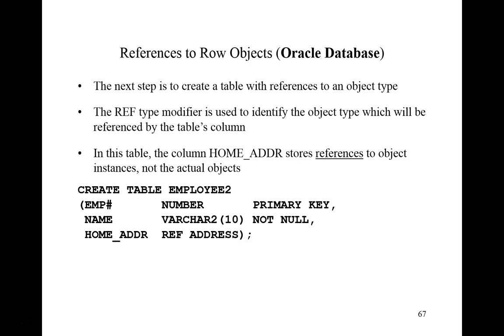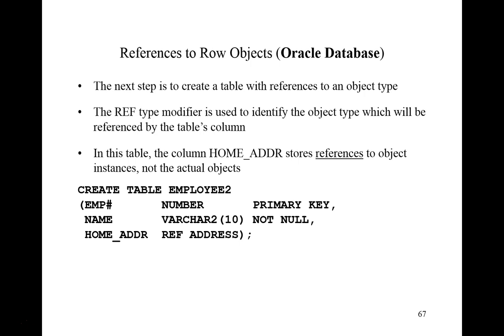What this means is that instances of the object type can be shared. To accomplish this sharing, we've created this object table with each object to be shared stored as a row object. This new relational table called employee2 has a column that will hold references or pointers to the row objects.